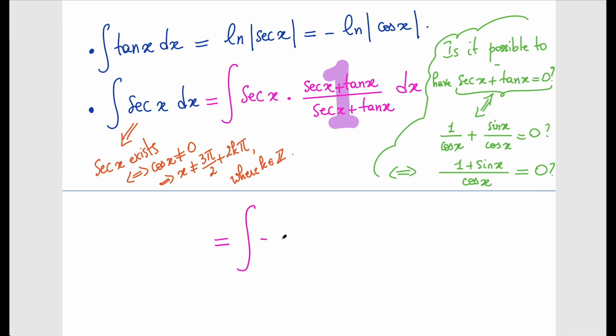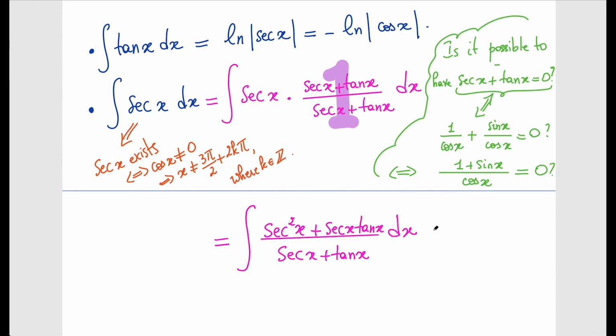So the denominator is sec x plus tangent x dx. And upstairs, what do we have? We have sec times sec, so sec squared x plus sec x tan x, right?